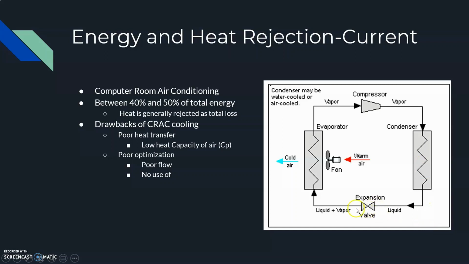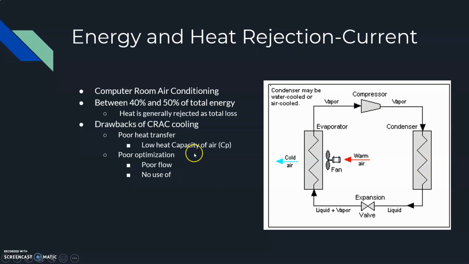This liquid is pushed through an expansion valve, and it comes out as liquid and vapor, and then this is put through an evaporator that takes the remaining liquid and evaporates it, and when it evaporates, it takes energy with it. Inside the data center, the warm air coming off the server racks gets blown over the evaporator and cooled, and then it gets looped back into the data center to cool the servers, so it operates in a loop. The condenser would be placed outside to reject heat to the outside.